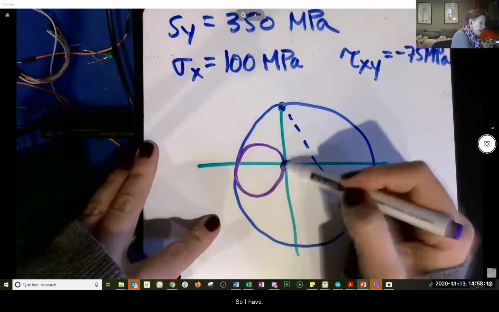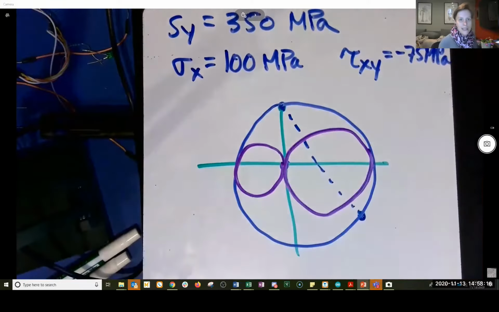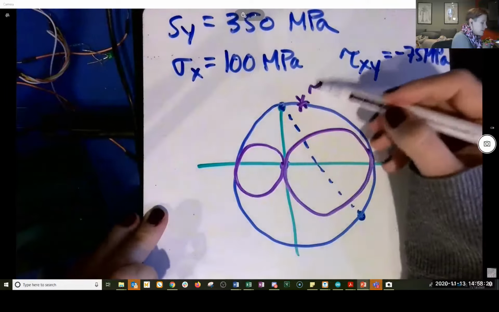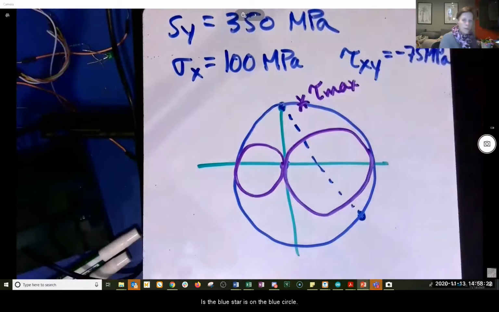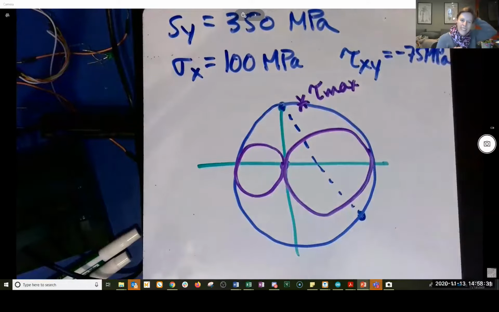This goes back to one of those cases, Jasper. My maximum tau is on the blue circle, so I don't have to evaluate the purple circles. I always want to know in a 3D circle if I've got the biggest circle. That makes sense. I've got 3 o'clock brain on, so my words are starting to fall apart.